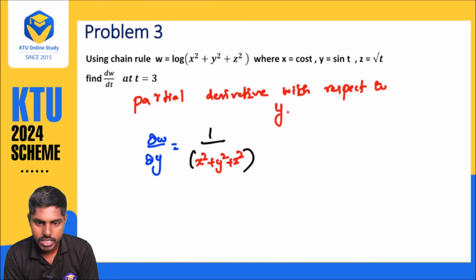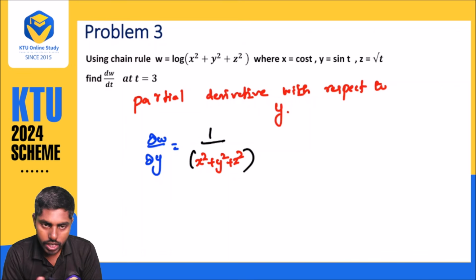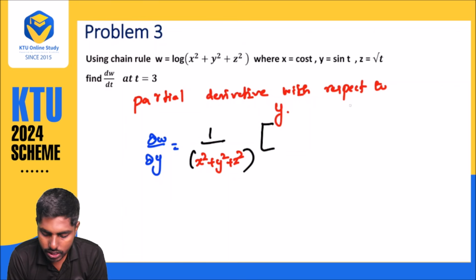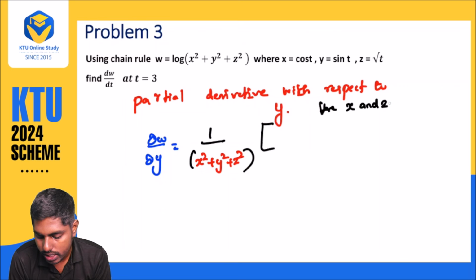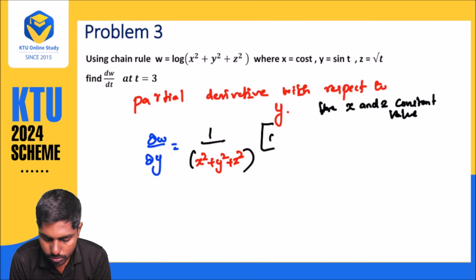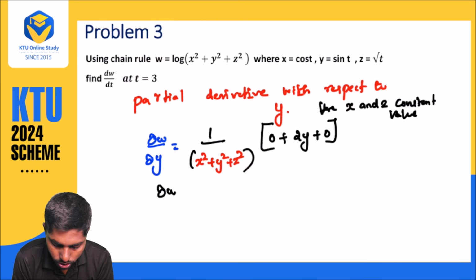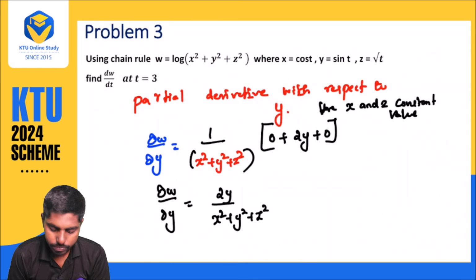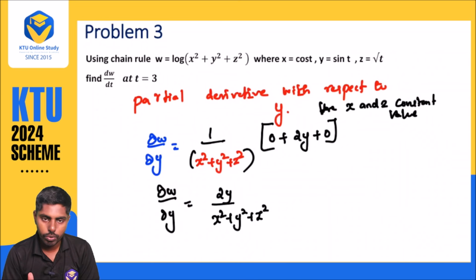Now the bracket is completed. After that, take the partial derivative inside the bracket. Here x and z are constants, so it will become 0 plus 2y plus 0. So ∂w/∂y is equal to 2y divided by (x² + y² + z²). This is our answer for ∂w/∂y.